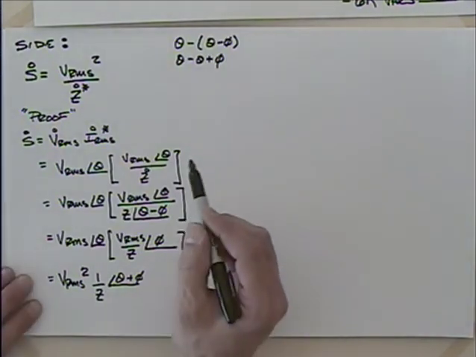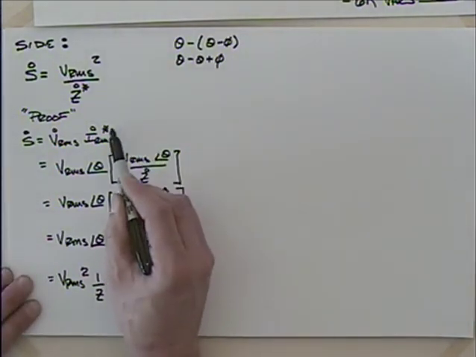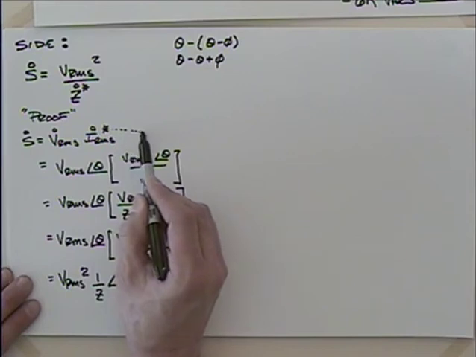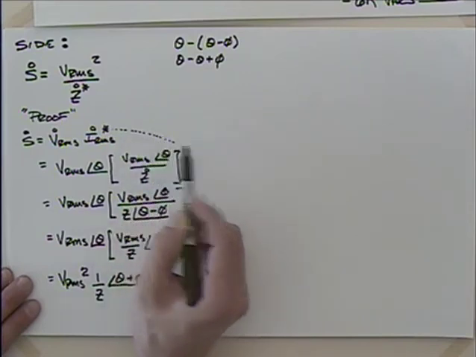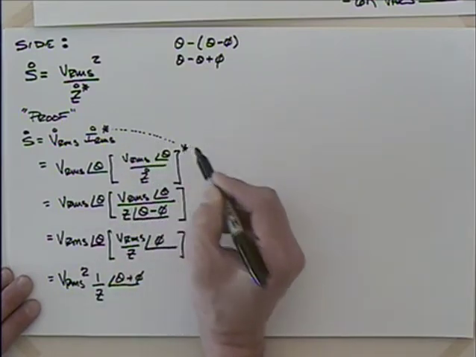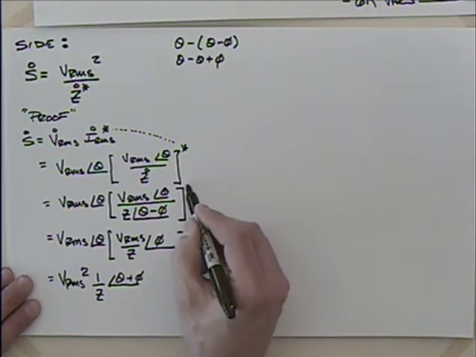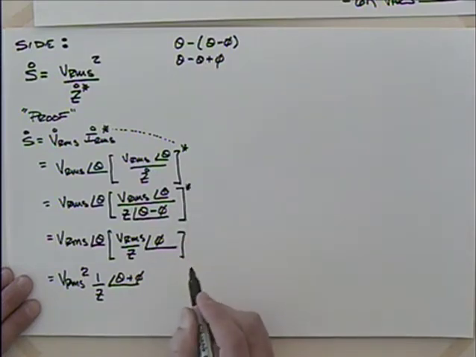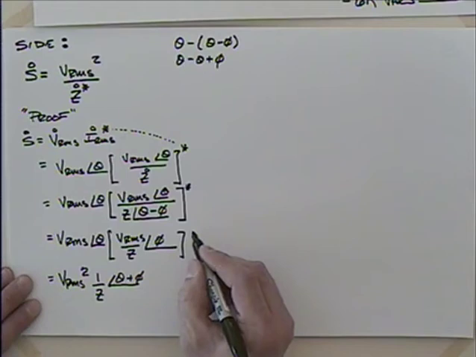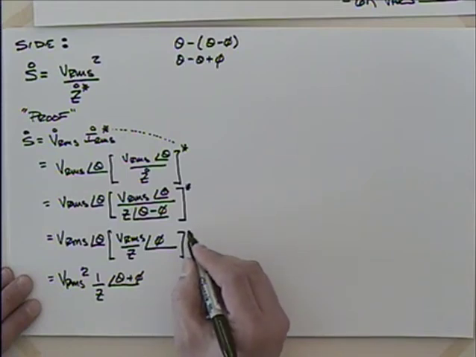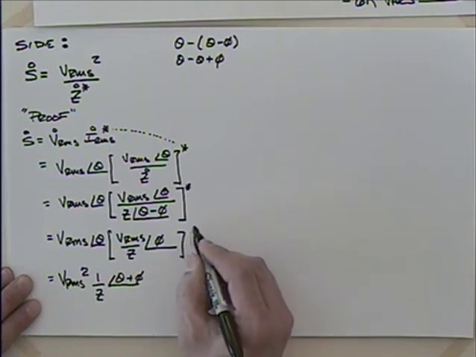Okay, so I haven't put the conjugate here. So let me put the conjugate here, which means that I would have a conjugate there, which means that I would have a conjugate here.